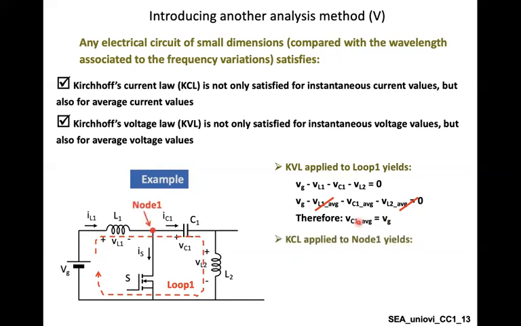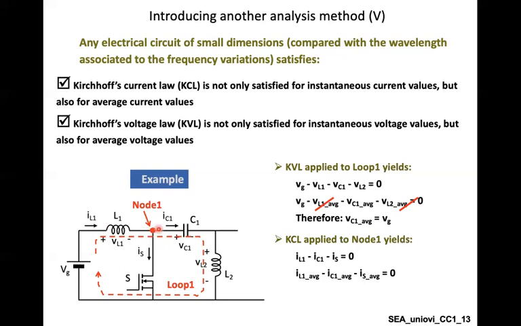Another piece of information to be revised, which I think you also know, is KCL, the Kirchhoff current law, stating that the summation of the input currents in a node is equal to the summation of the output currents from the same node. So if we consider node number one, for example, the current going into node number one is IL1.